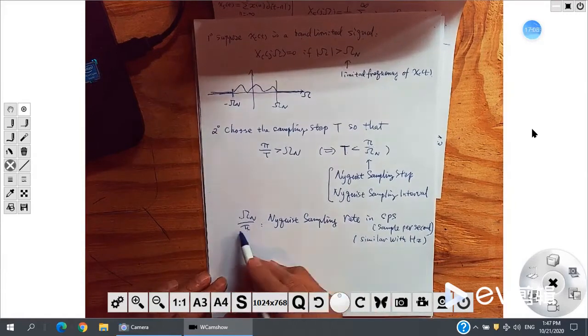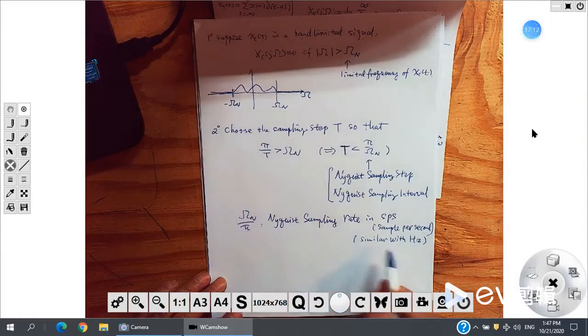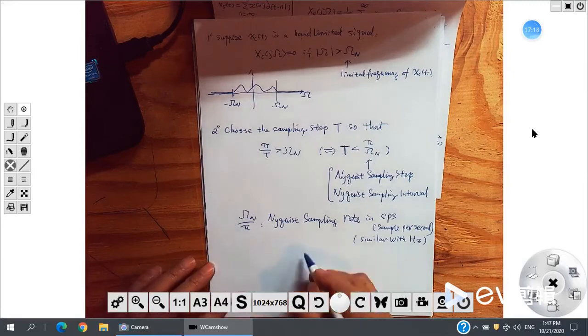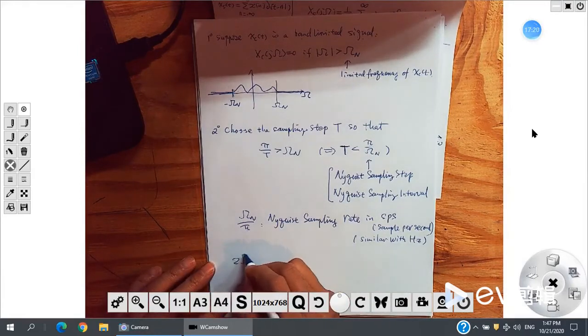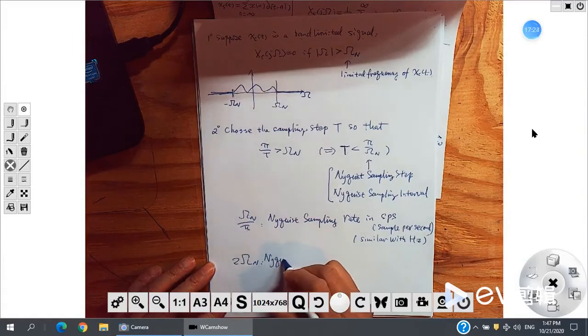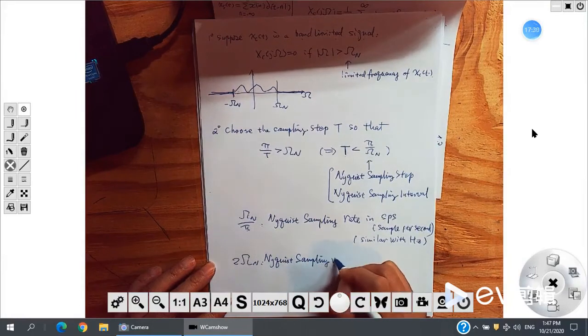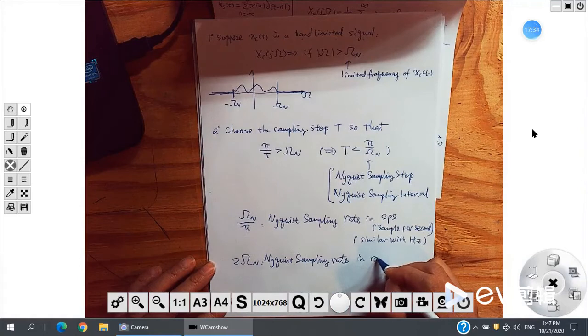And because this is a sampling rate, you can think of it as a kind of frequency. So we multiply by 2 pi and have 2 omega n. This is also the Nyquist sampling rate, but now in radians per second.